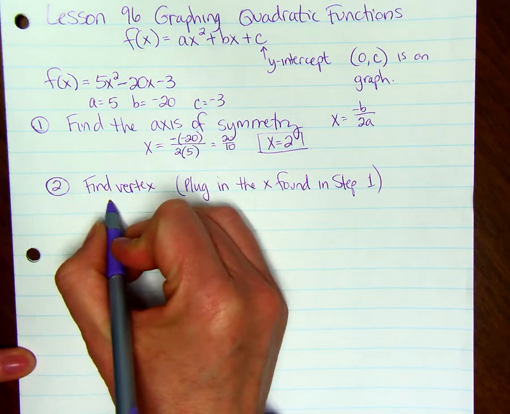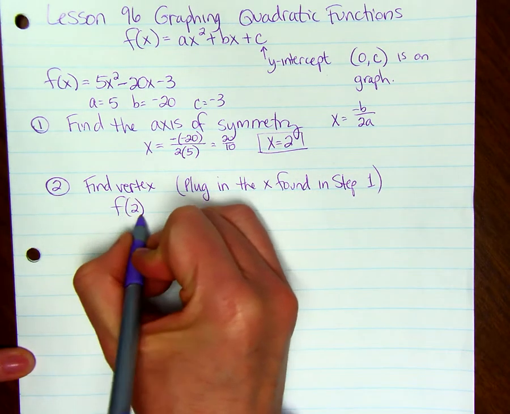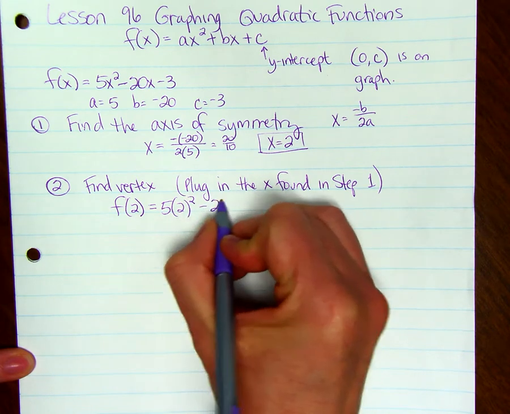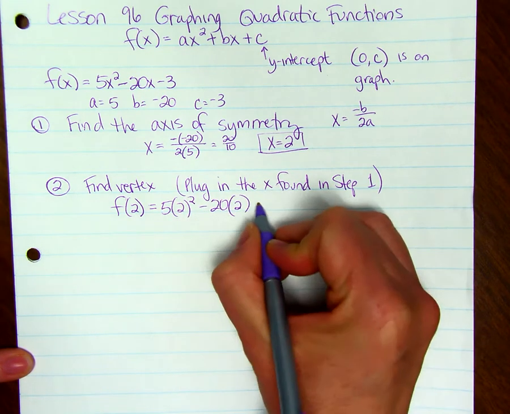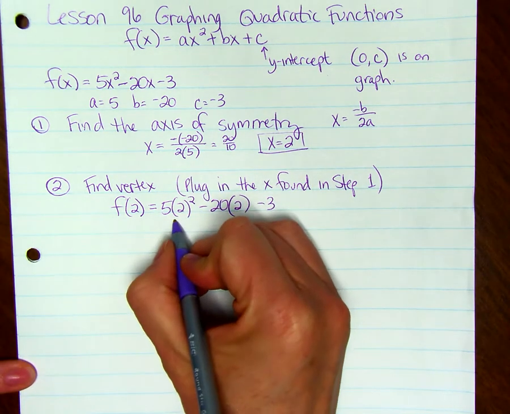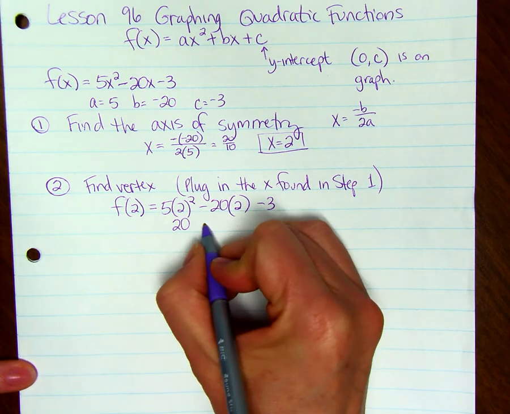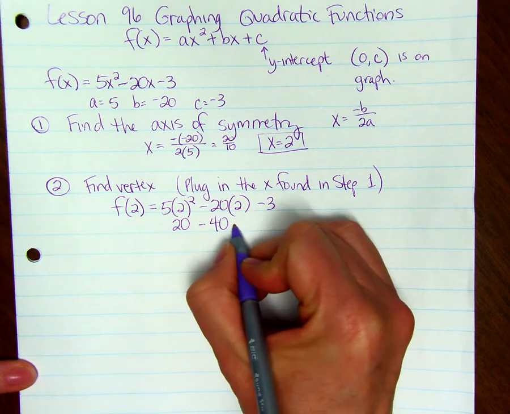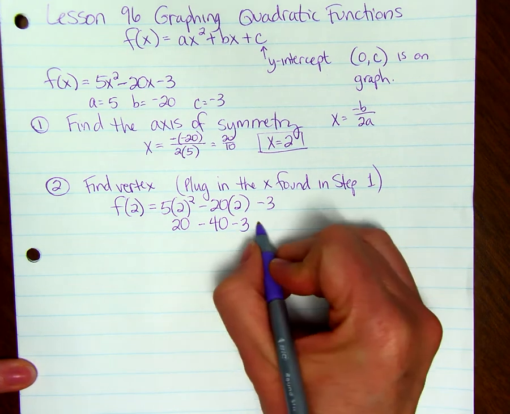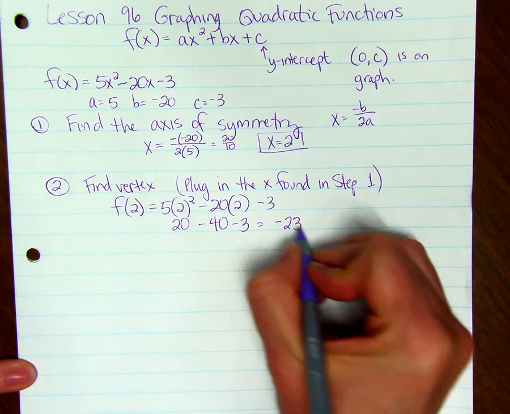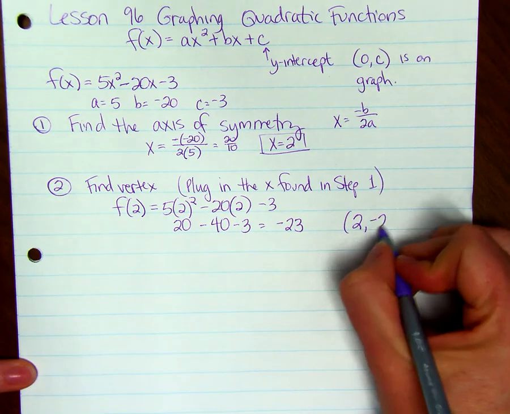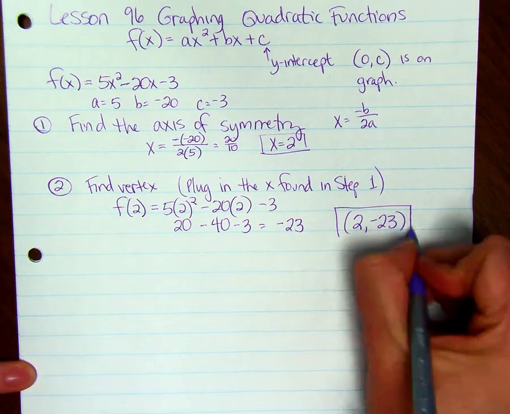So we want to find f of 2. We have 5 times 2 squared minus 20 times 2 minus 3. So we have 5 times 4 is 20, minus 40, minus 3. 20 minus 40 is negative 20, minus 3 is negative 23. So we have the point (2, negative 23), and that is the vertex.